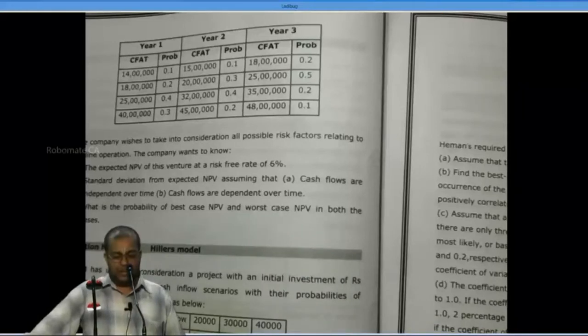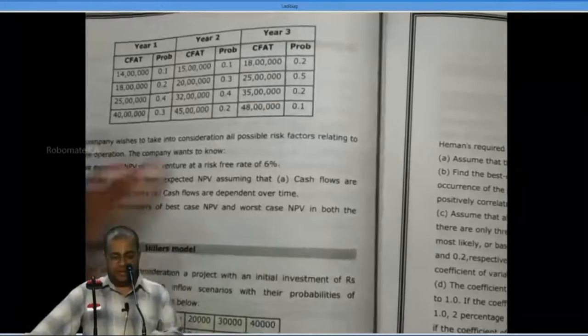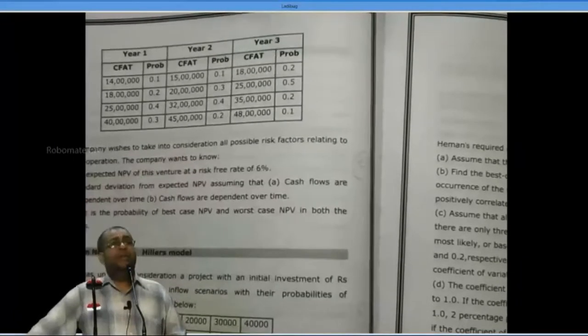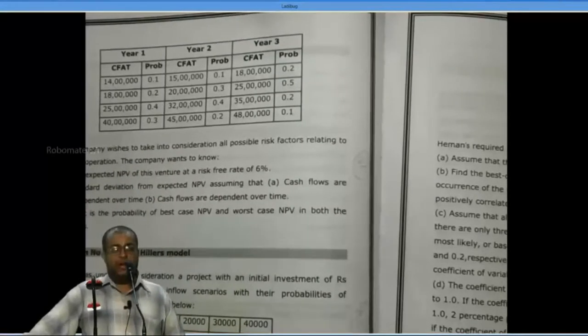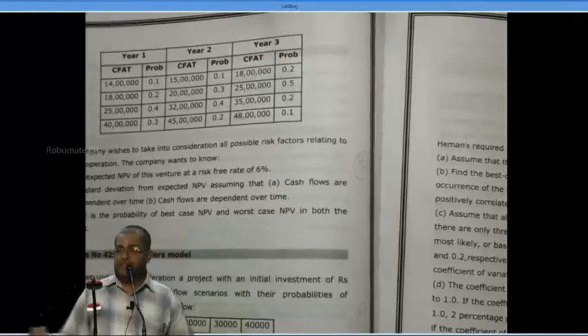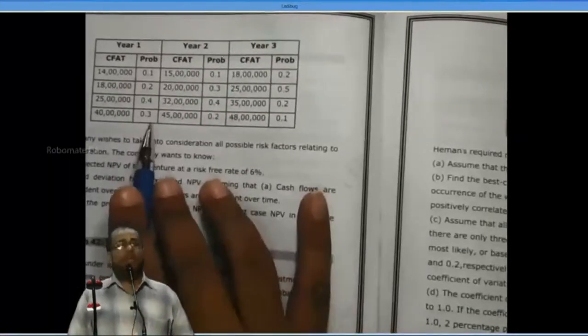What is the probability here? 0.3. Once again put the down arrow and write: probability of the first year. Cash flows are dependent, so the probability is 0.3.